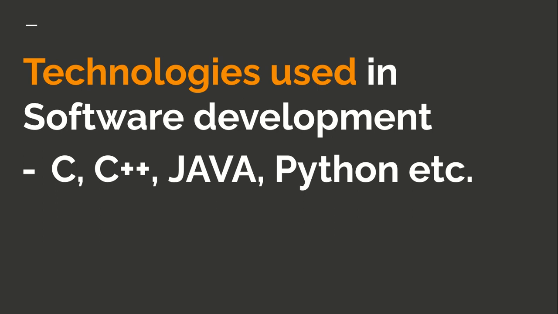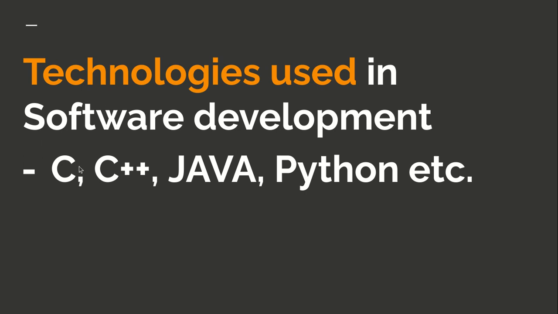Programming languages fall under different categories. We have structured languages, we have object-oriented languages. We can classify them into another category where we can have low-level programming languages, and we can also have high-level programming languages.